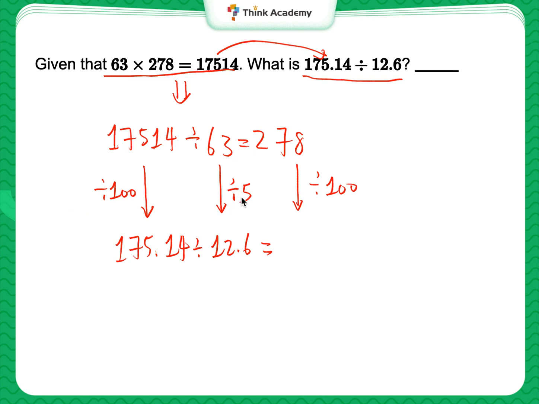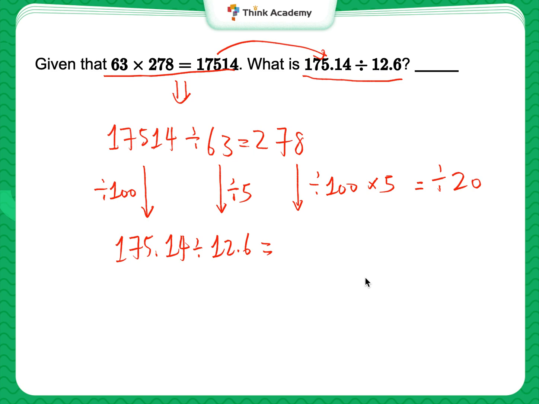But it's going to do the exact opposite of the divisor, which means that if the divisor is divided by 5, then the quotient will be multiplied by 5. So essentially, 278 would be dividing by 100 and multiplying by 5, which is equivalent to dividing it by 20.